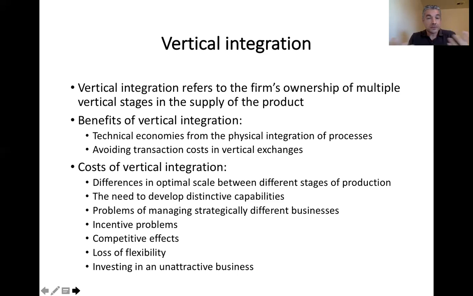So it's hard. And earlier in the 20th century, this whole drive towards vertical integration was particularly strong.